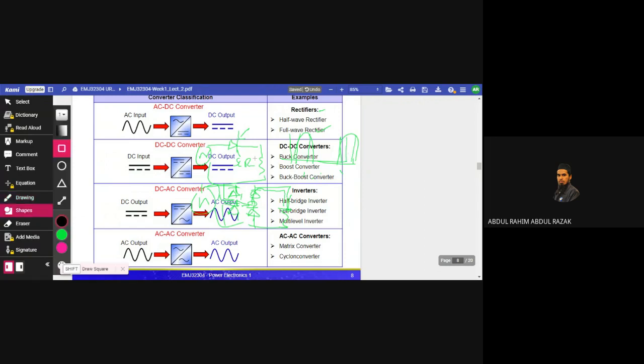Instead of a simple diode, you might have at least a silicon controlled rectifier, which means you are able to control when the switch turns on and off. If the full positive cycle is like this, but you need a lower voltage level at the load, you might chop off half of it, so only part of the cycle is delivered to the load.